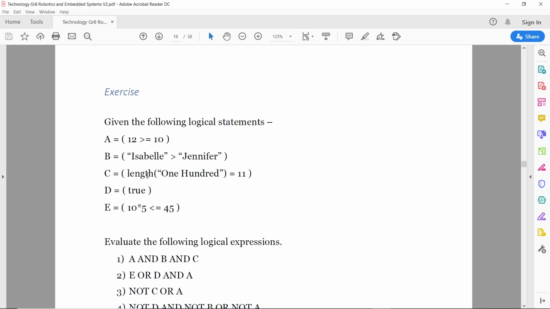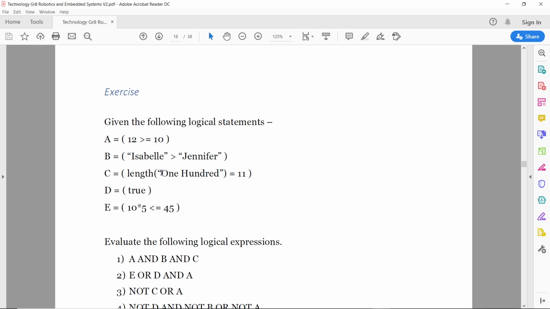Okay, the only one here that might look a bit weird to you is this one here that says length 100. The length, okay, is a Java command that returns the length of this string. So don't let the fact that it says 100 fool you. You need to count the number of characters in here, including space bars.